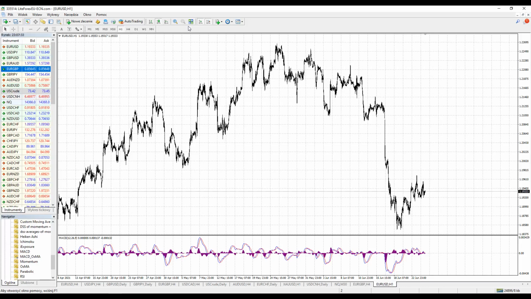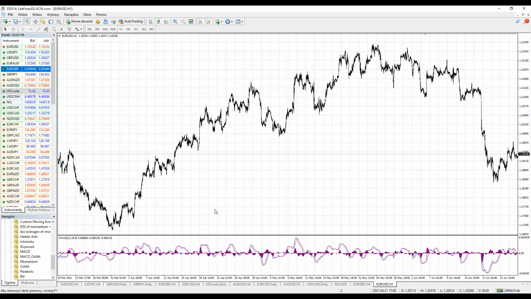What we have and where we might see some kind of divergence, unfortunately, I can't see here, at least not yet.